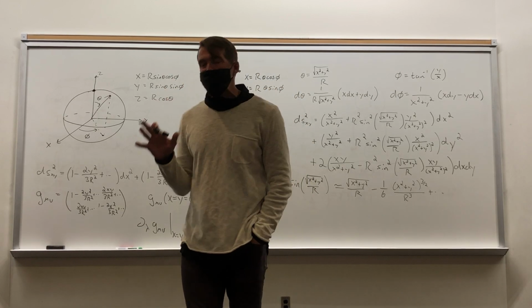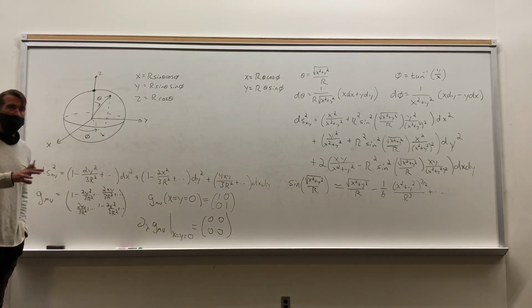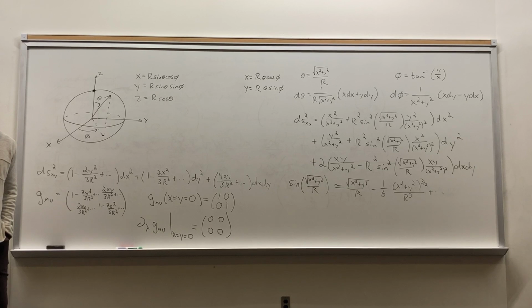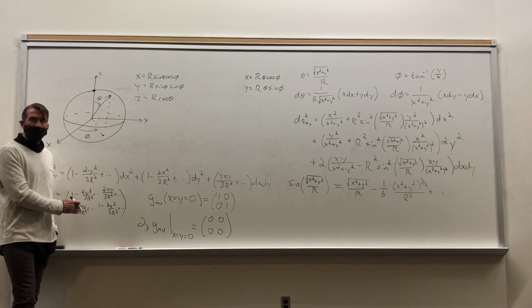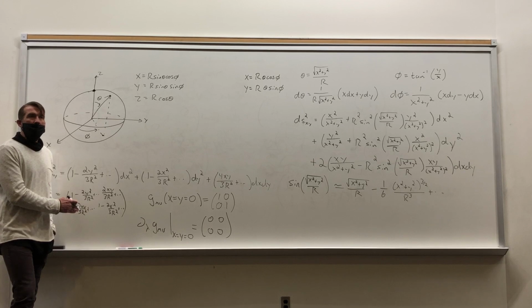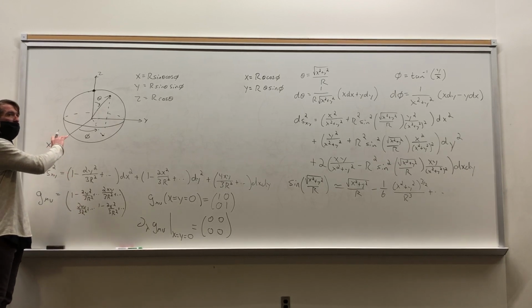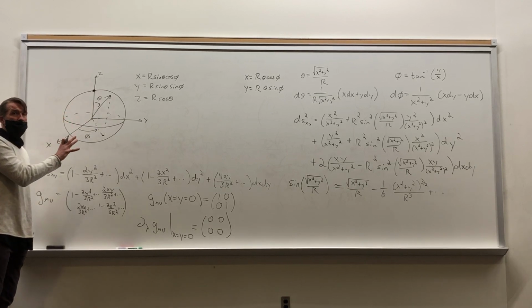So we can expect that whatever quantity we use to define the curvature of a manifold is going to depend on the second derivative of the metric. Because this thing is curved everywhere. There's no spot on it that's not curved.